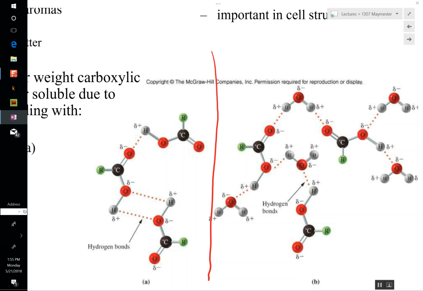And the carbonyl can hydrogen bond to the OH on another carboxylic acid molecule. So you can get a lot of hydrogen bonding. This group right here is very polar, so water as well would love to hydrogen bond with these molecules, always the negative oxygen presenting itself to a positive hydrogen. So this is the carboxyl group with some water added to it.